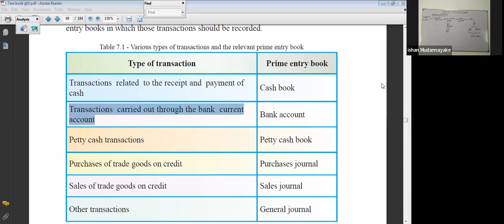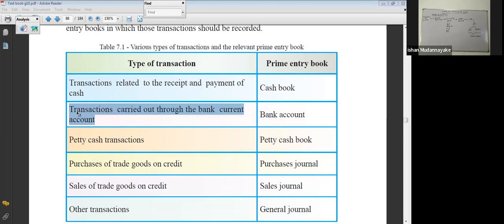Transactions carried out through the bank current account. We record those in the bank account. We discussed the meaning of current account. If you have a current account, you can transact using checks. Check transactions can be done through the current account.